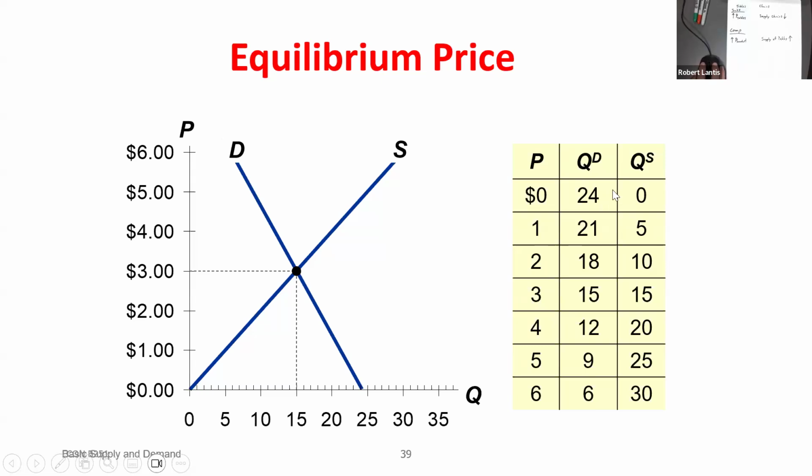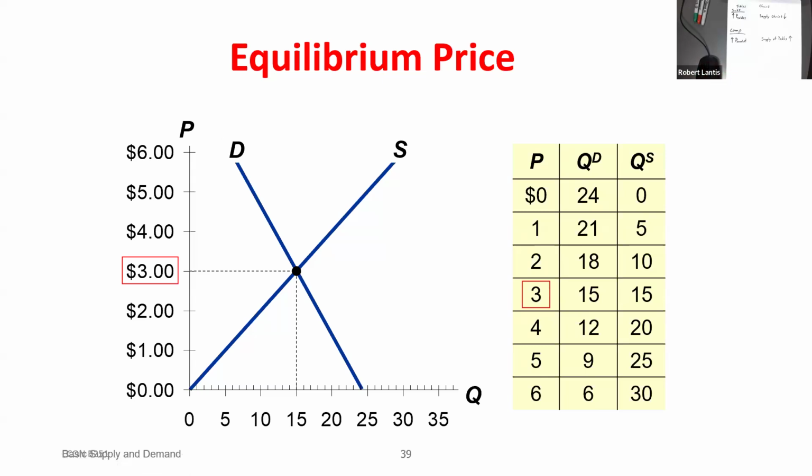So here there are a lot of people who want to buy the good, but there aren't enough units out there on the market for all of them to get one. Until we get to this price of 3, now the number of people who want to buy this good, that exact same number of units is what is being supplied. We would say that's where our equilibrium is. Price of 3 would be our equilibrium price, and the corresponding equilibrium quantity would be 15. Okay.